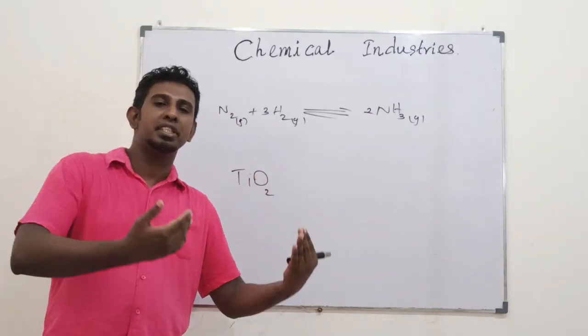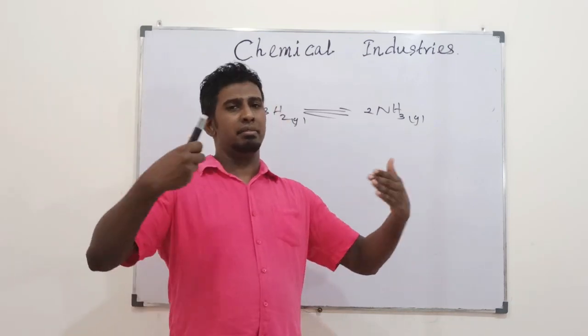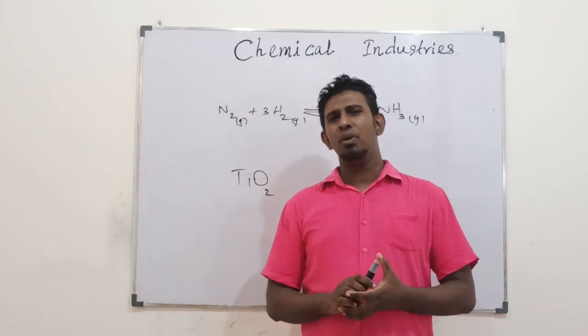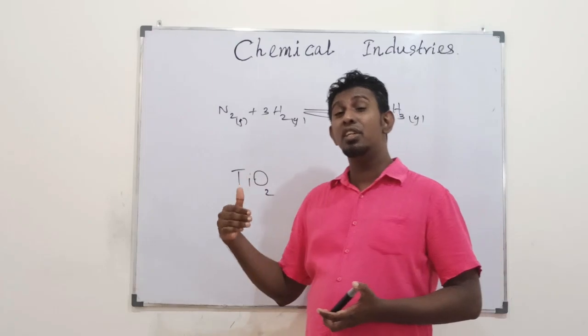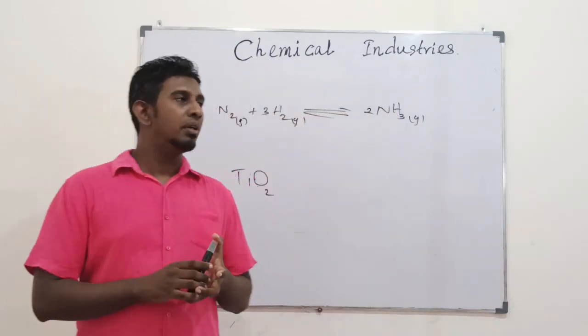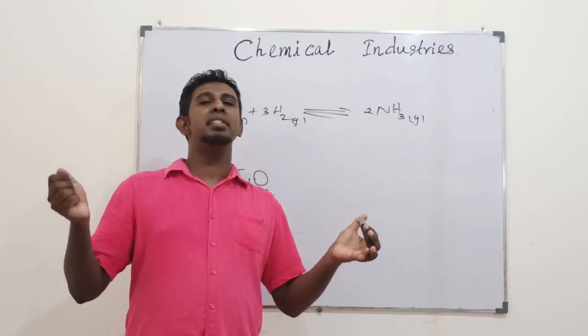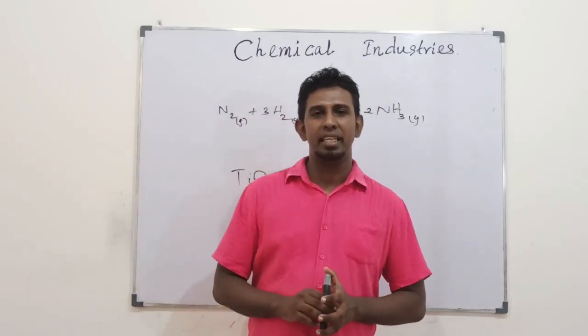It doesn't get changed chemically, but its physical nature gets changed. Therefore, raw materials undergo change either chemically or physically, giving you products. In the production process, those raw materials are consumed, used up. Those are the raw materials.